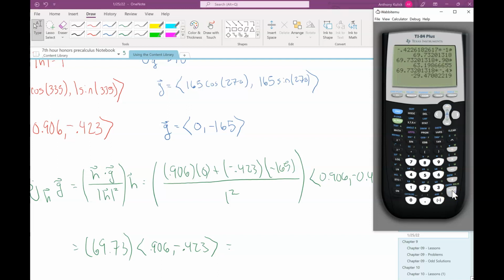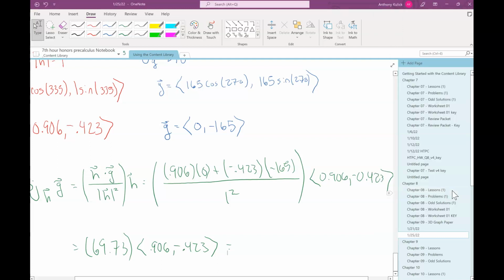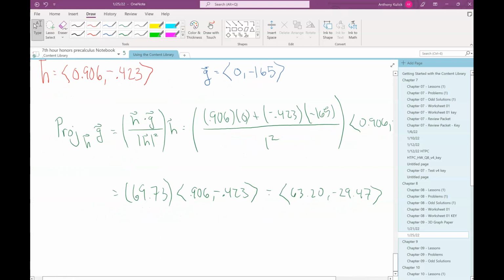So I get 6320 and then -2947. So there's my vector, or part of the gravity vector that's going down the hill. Everybody's okay with that? That's what this projection vector is representing, the part of the gravity vector that's actually going in the same direction as the hill. So to figure out how much force is really going down the hill, I just find the magnitude of that vector.